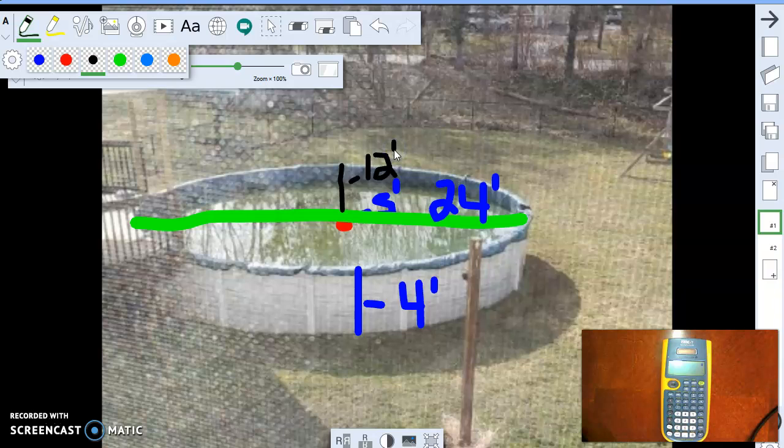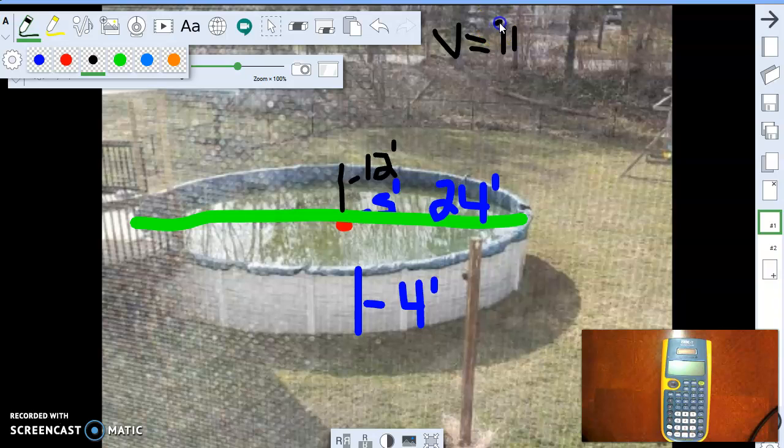Now, the formula is the next thing. What is the formula for calculating the volume of a cylinder? Well, the volume of a cylinder is V equals pi r squared, and we'll get to the pi button in a minute.